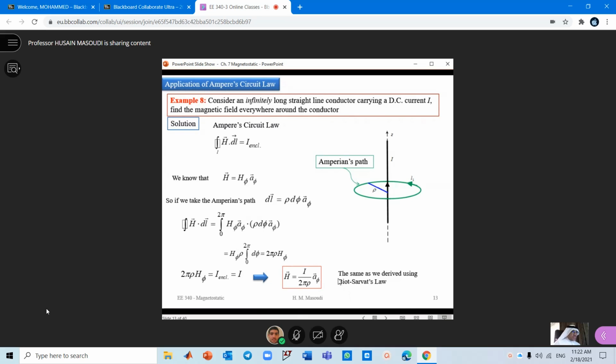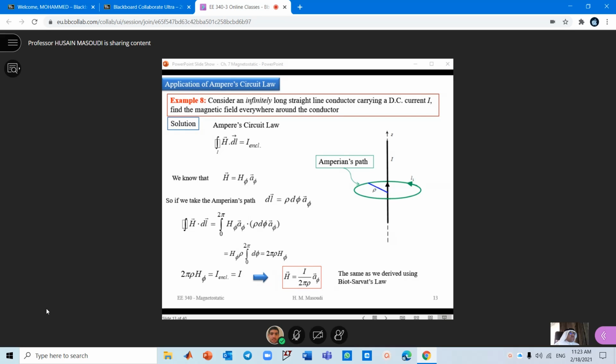We said that if you have an infinite thin conductor carrying a DC current, then the magnetic field is going to be in the phi direction, and this is how to calculate it. So Ampere's circuital law complements Biot-Savart, but we are looking at the problem from a different angle. Now we are going to take it into more involved problems.